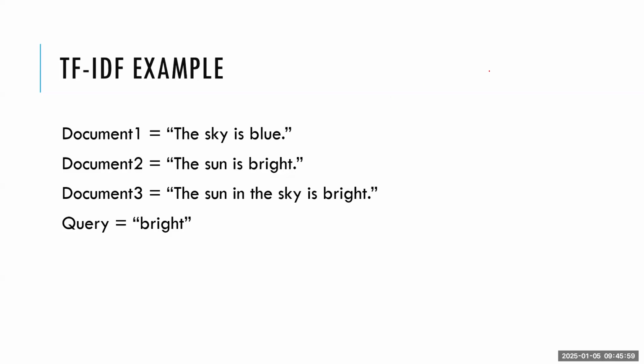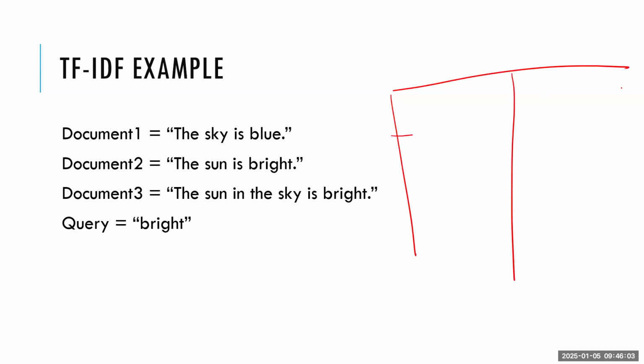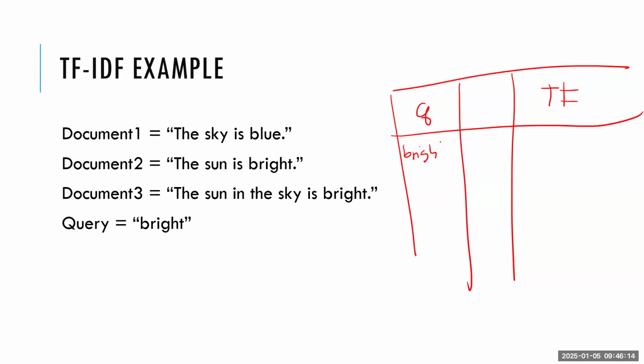I have the TF score first. I only have one query term, so it's going to be bright. And then I have 3 documents, and I want to compute the TF for each of them.